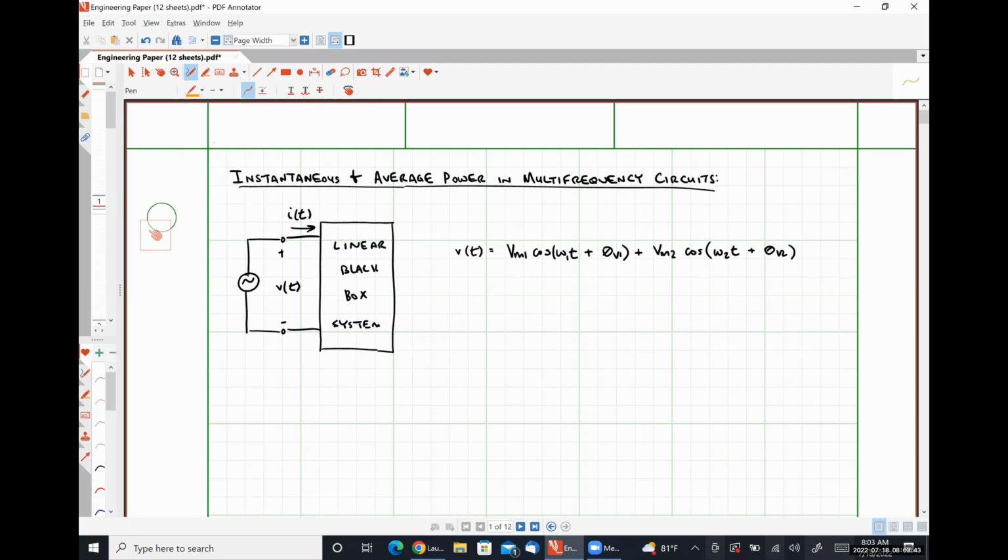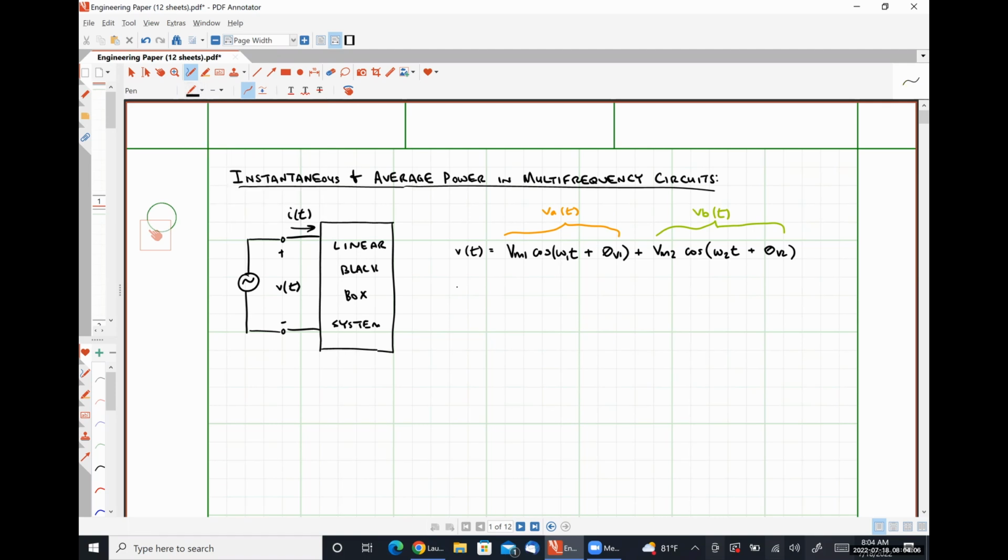I'm going to call this part VA of t and this part VB of t.